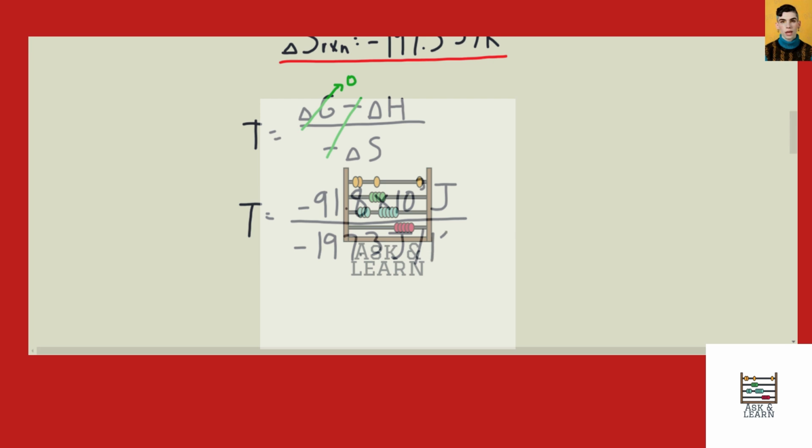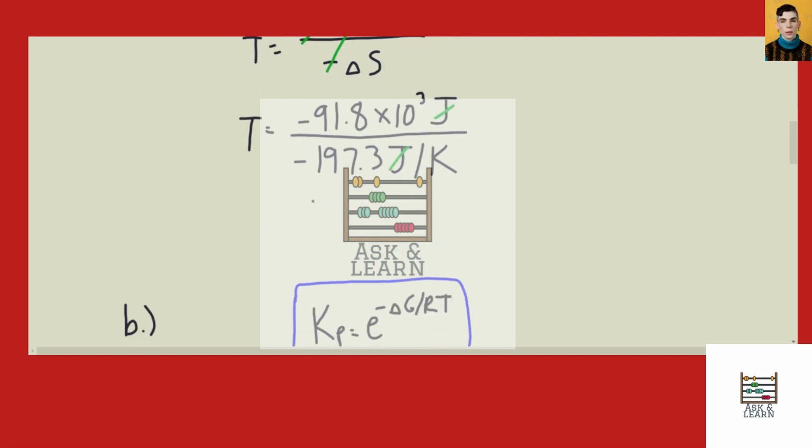And again, the reason we converted the numerator into joules is so we could cancel off that unit and find the temperature at which this reaction achieves equilibrium to be 465 Kelvin. And that's the answer for part A.